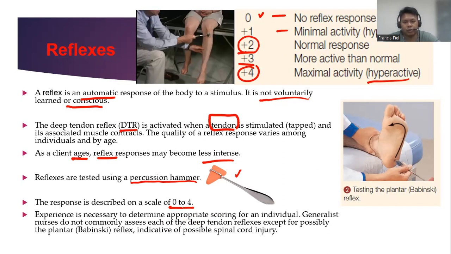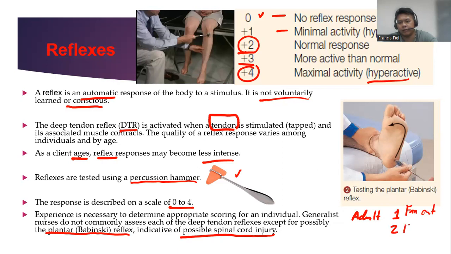What nurses usually do is test for the Babinski reflex or the plantar reflex, which can indicate a possible spinal cord injury. When we check for adults, ano sa tingin nyo ang abnormal, number 1, yung mag-fan out, or number 2, yung mag-fan in? Type in the chat box.